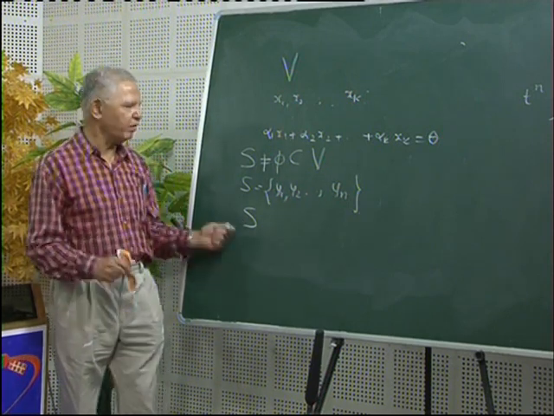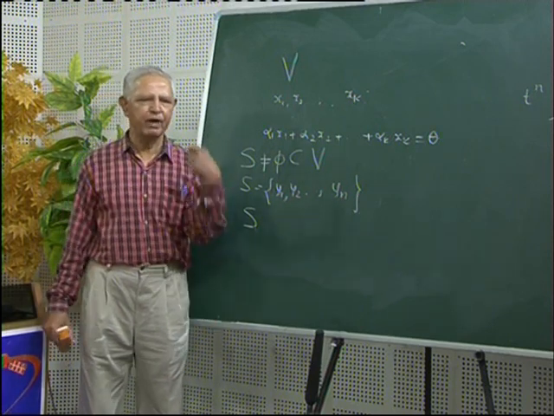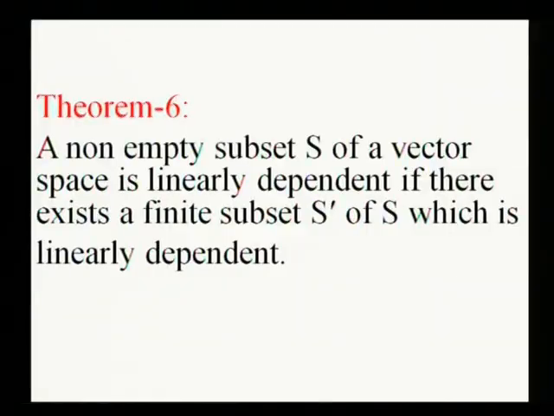Otherwise, we say that it is linearly dependent. And now we have the next theorem, let us see on the screen. A non-empty subset S of a vector space is linearly dependent if there exists a finite subset S dash of S which is linearly dependent.